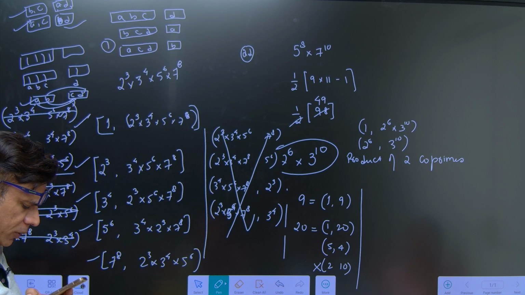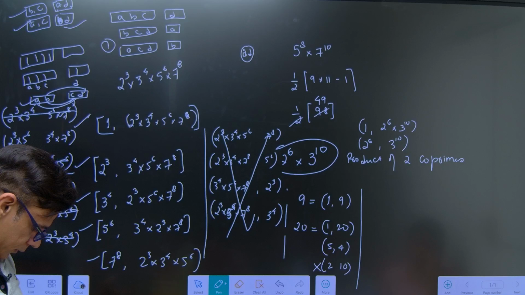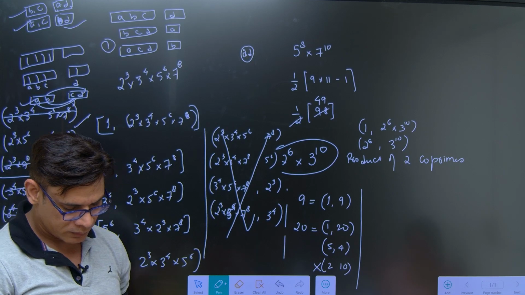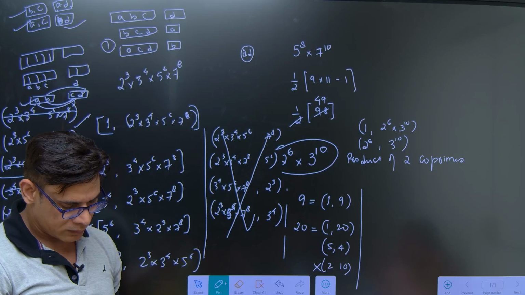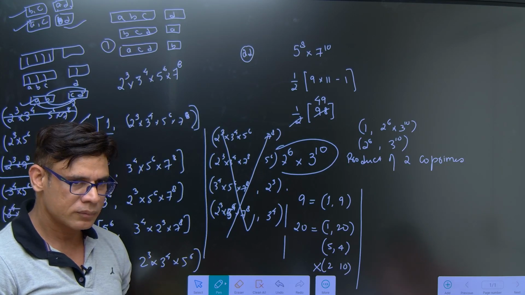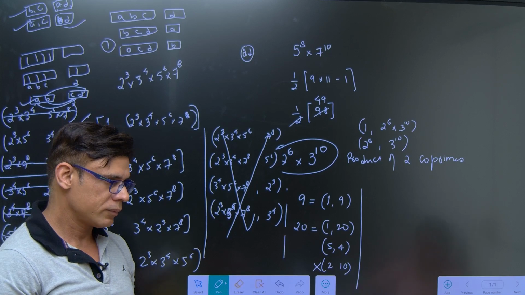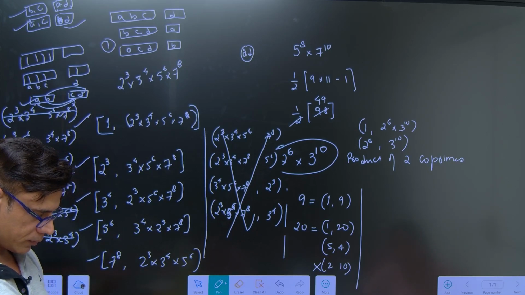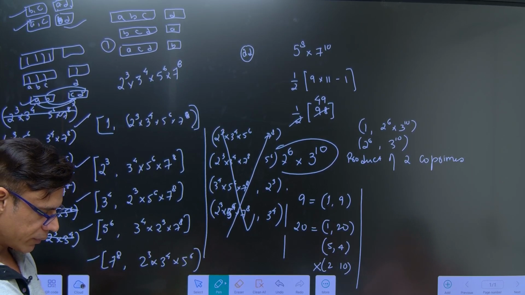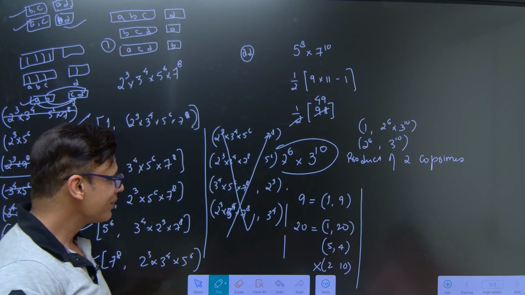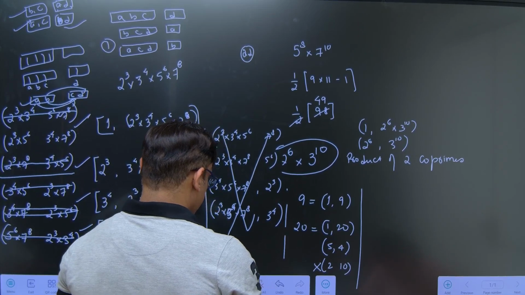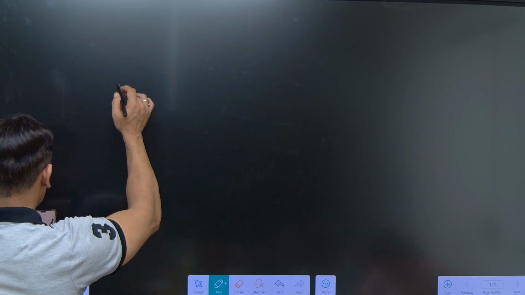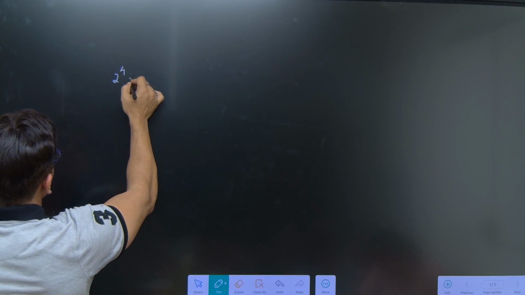Next is sum of factors of 2 raised to the power 4 into 3 cube. Sum of factors, the 26th one. Two raised to the power 4 into 3 cube.